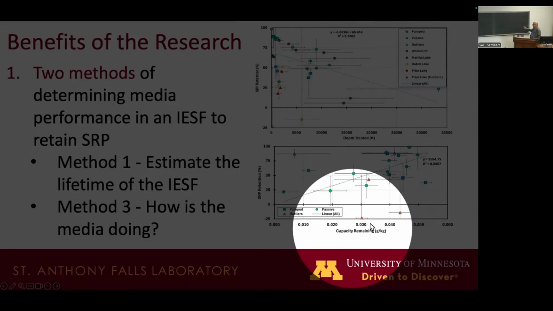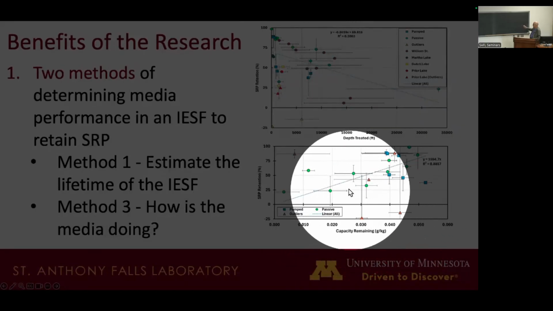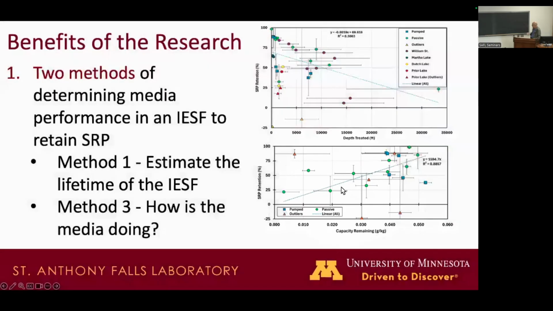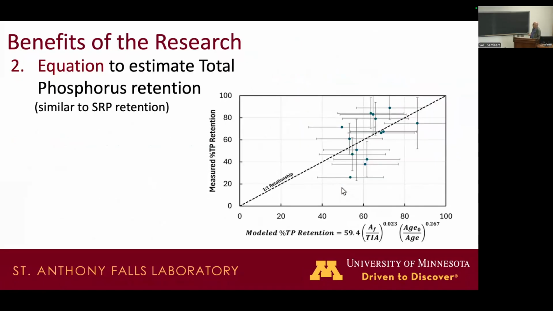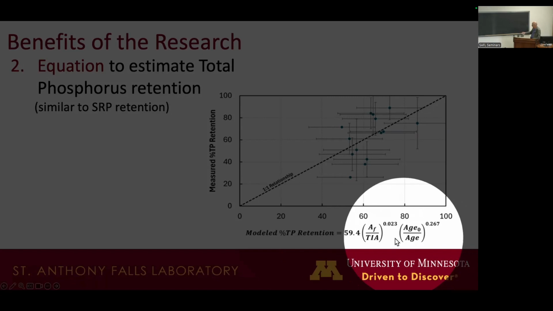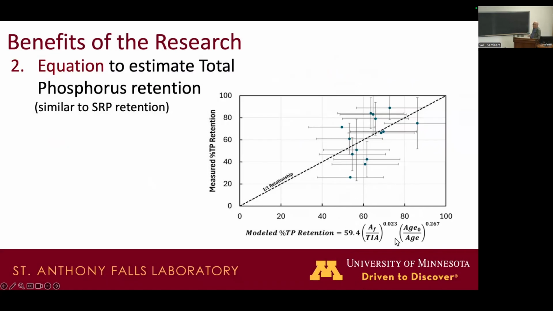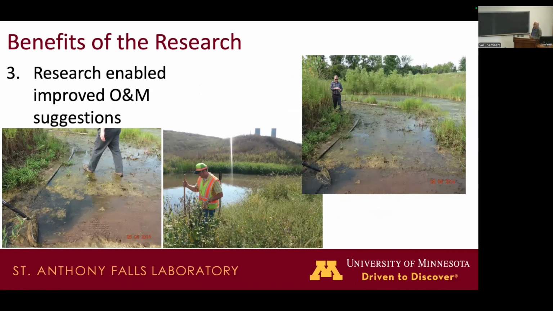Down here you are sampling the media and determining how much phosphate retention capacity is left in the media. Says the same thing. We also have an equation to estimate total phosphorus retention with this equation down here at the bottom. And we have research-enabled improved O&M suggestions, which hopefully we'll be able to get into the Minnesota Stormwater Manual.